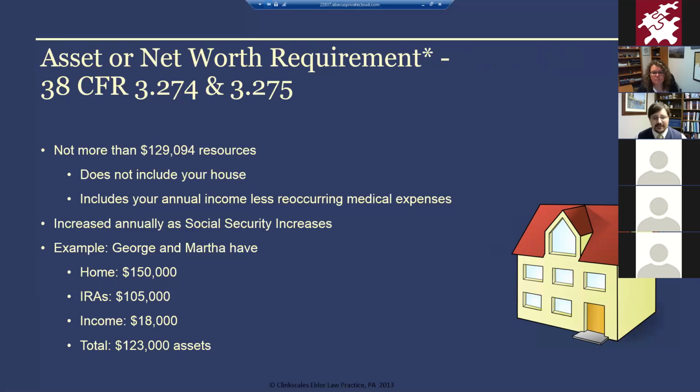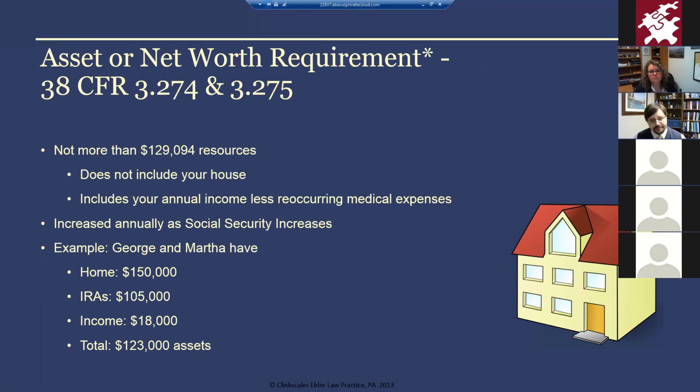But it does not include a house, and it doesn't include the veteran's annual income minus recurring medical expenses, which could be nursing home care, could be dialysis, could be all of those medical expenses. Again, that number increases as Social Security increases.